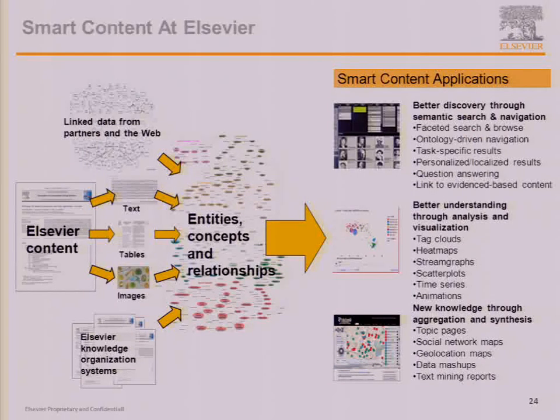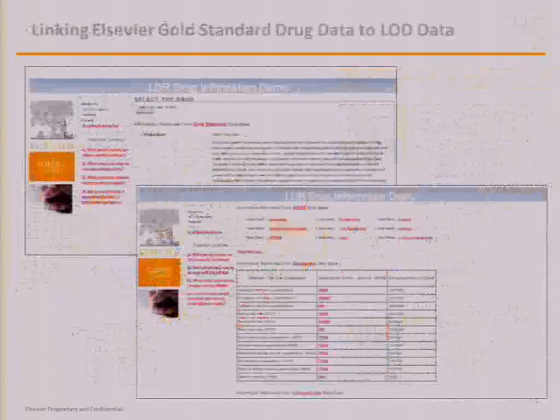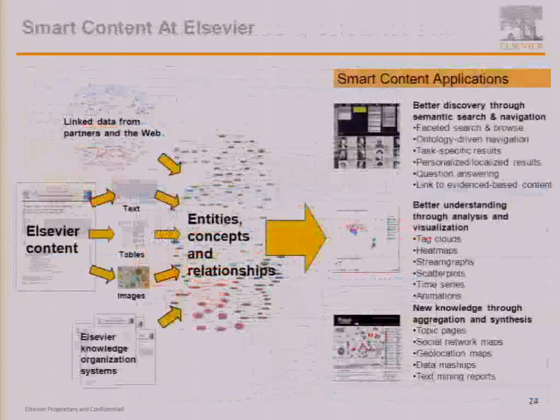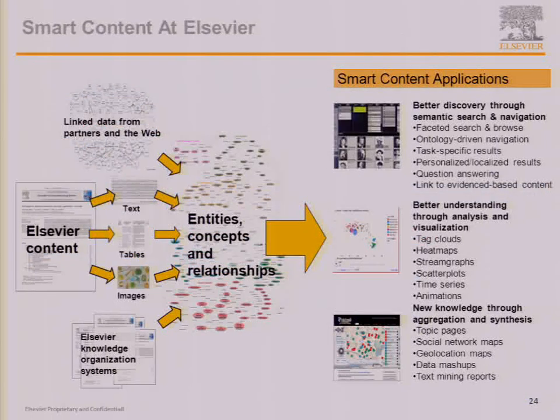So we started with Elsevier content. We have a knowledge organization system, and we are processing it into the text, tables, images, etc. And we've created a graph of all the information that is contained in that. Now, what I'm talking about here is not an index that we built for the search and discovery application.